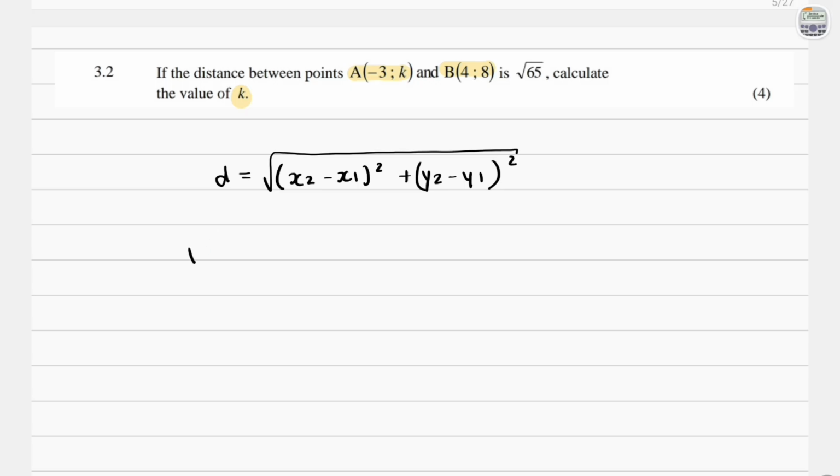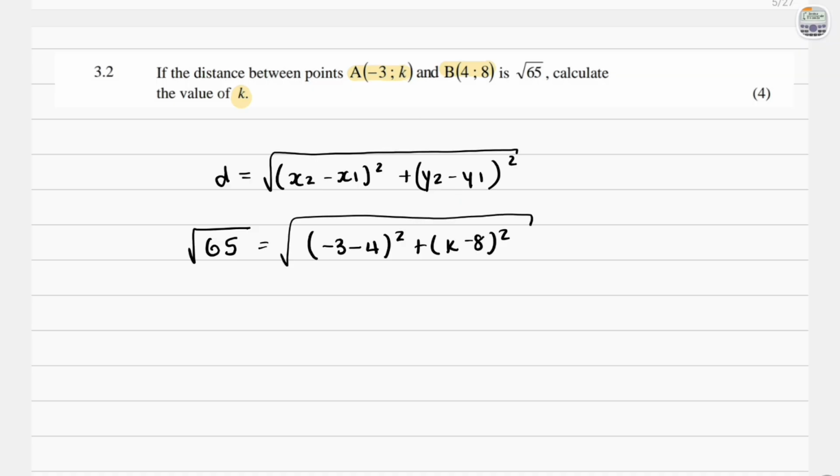So in place of the distance, we can say square root 65 is equal to, and then x2 minus x1. You can just focus on one of it being x2 and x1. I'll just focus on this being x2. So that's -3 minus 4 all squared plus k being the y2. So that's k minus 8 all squared. And we'll say in the square root of this.